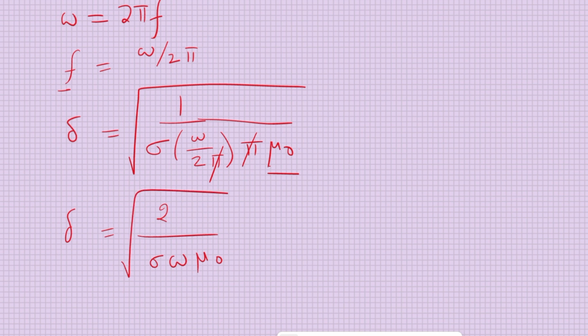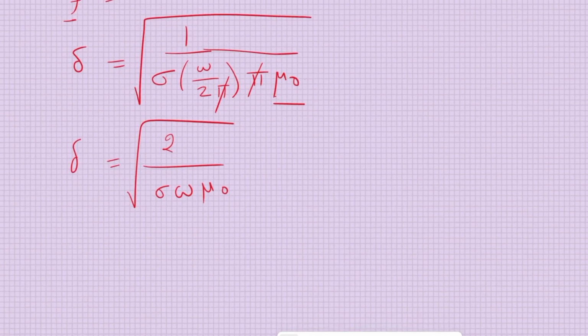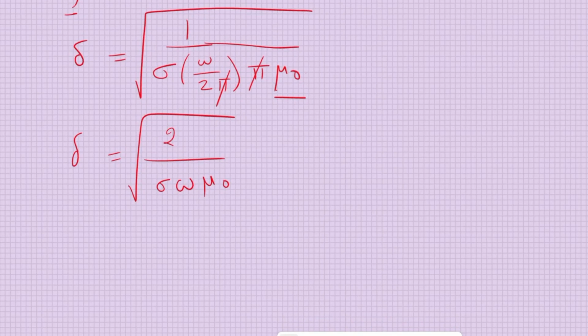This is the relation that we get now. If you want to write this relation in terms of the resistivity, in place of sigma we can put 1 by rho. Therefore delta is 2 rho divided by omega mu naught.